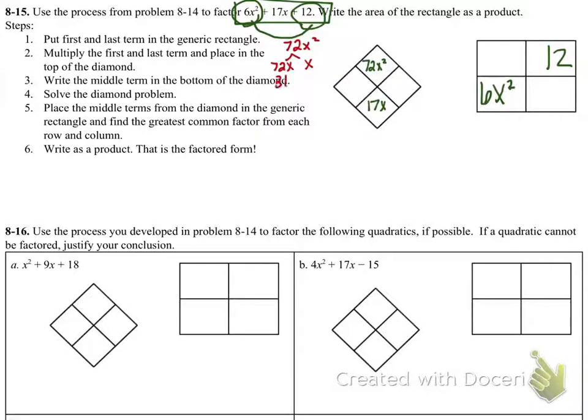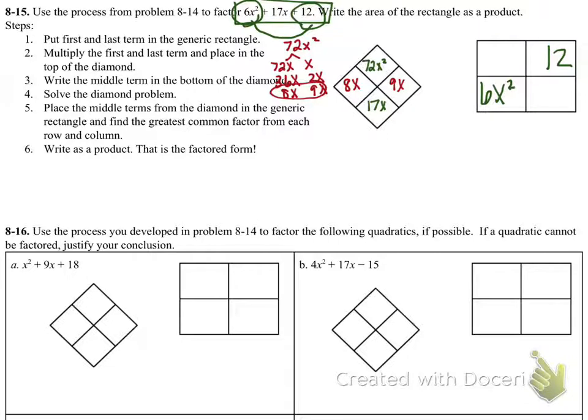I could have 36x and 2x. Divided by 3, divided by 4. So I go on, and then I'm like, oh my gosh, it's 8x and 9x. Those two do multiply to 72x squared, but the fun thing is they also add to 17x. So I have 17x, 8x and 9x, good to go, and I completed the diamond problem.